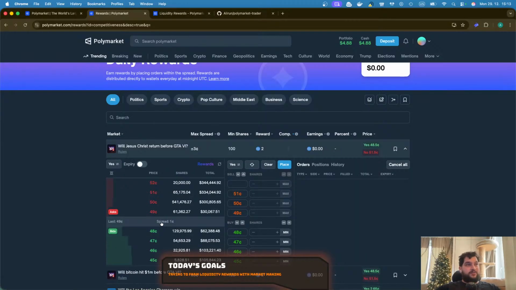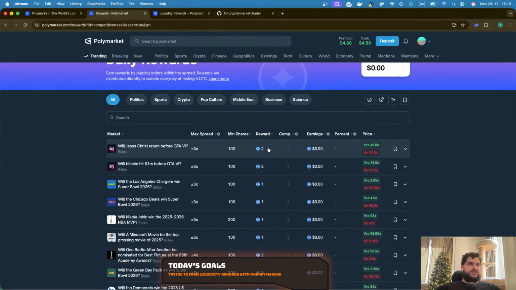Yeah, exactly. Look here, the maximum is 3 cents, and the orders are at 49 and 48, which means everyone who has opened orders here is basically earning part of the reward, which is just $2. I don't know if it's daily or hourly, more likely daily, I guess.